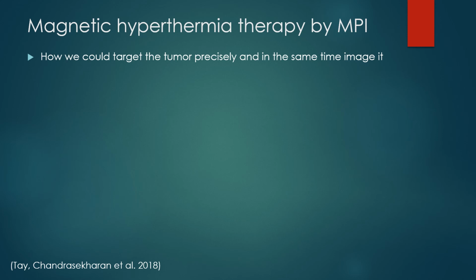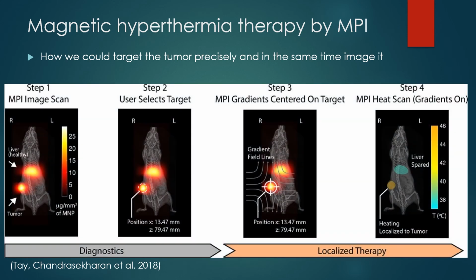In more detail, according to a paper published in 2018, at first they injected tracers into a mouse which has a tumor, and then you can see the tracers going to the tumor and the liver. Then the operator selects the target with the MPI method, which has a field-free point, and by increasing the temperature through applying the alternating magnetic field, the tumor shrinks.